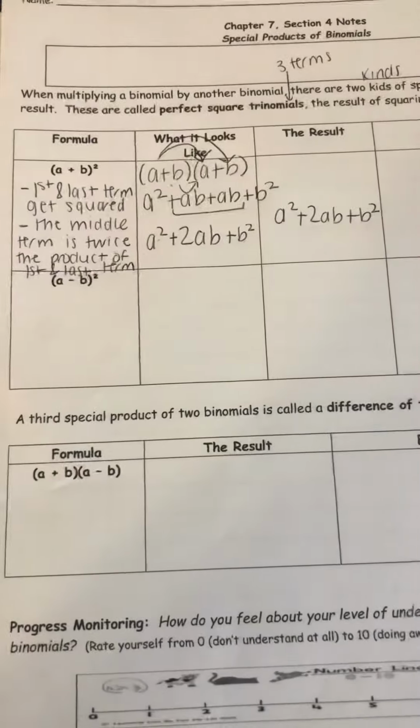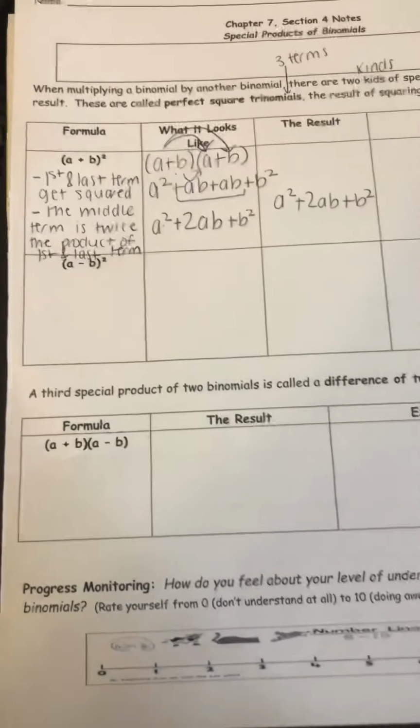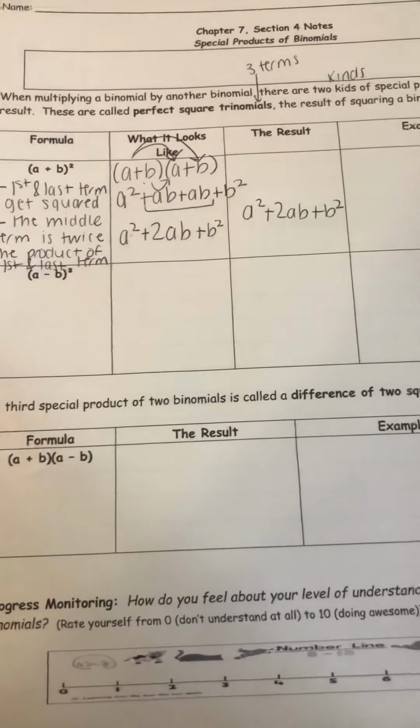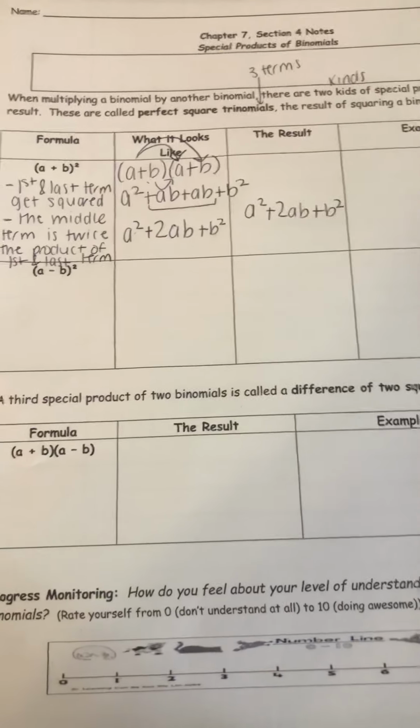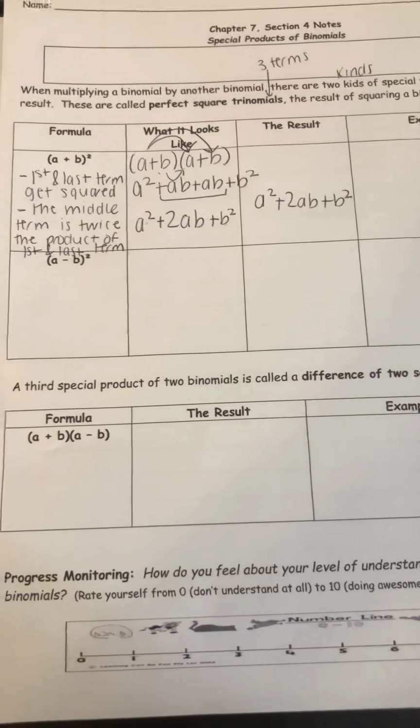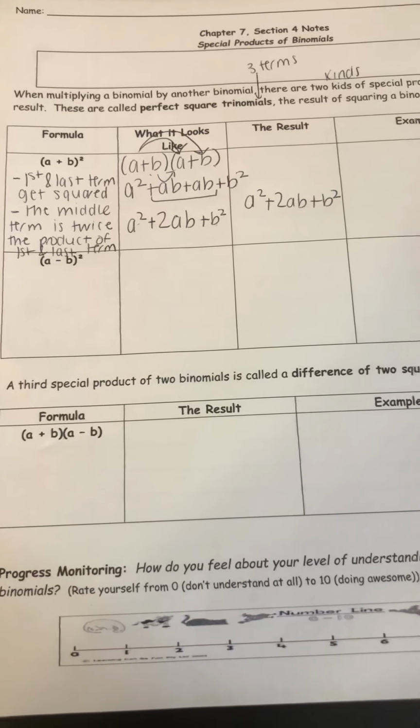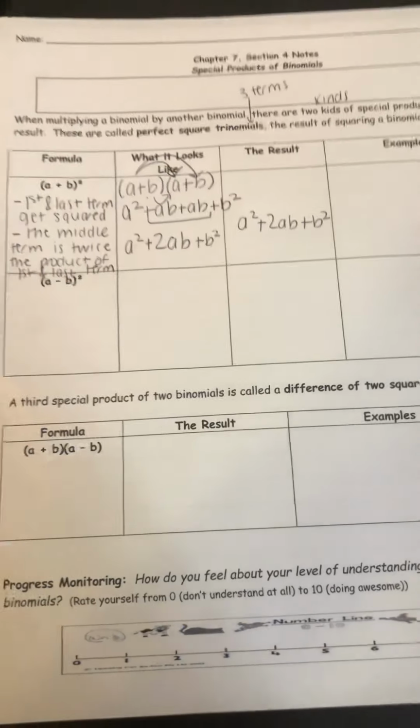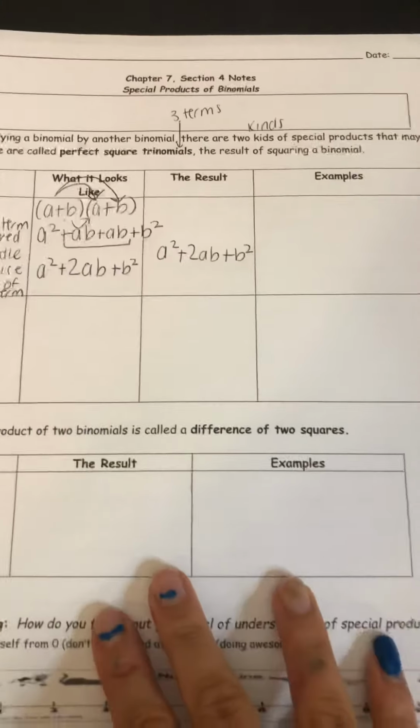Okay. Again, it's going to make more sense when we go through an example. Make sure you get that written down. I'll give you a second. Okay, you can always go back and pause if you need to.